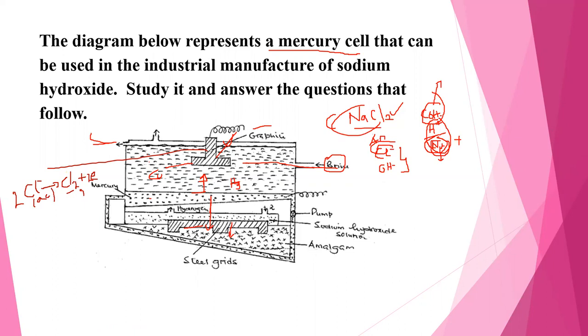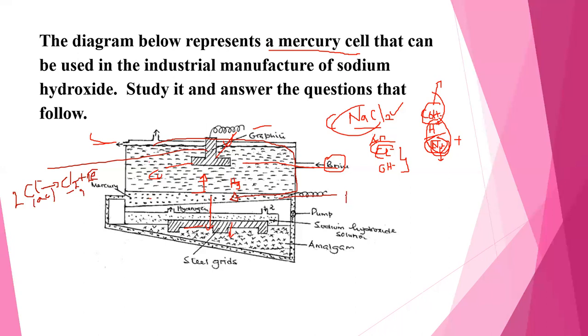Then the two electrons keep on moving like that, and they come to the cathode, I mean, where there is a reduction. We know that the cathode is made up of the mercury because it has lower tendency, which makes it suitable.